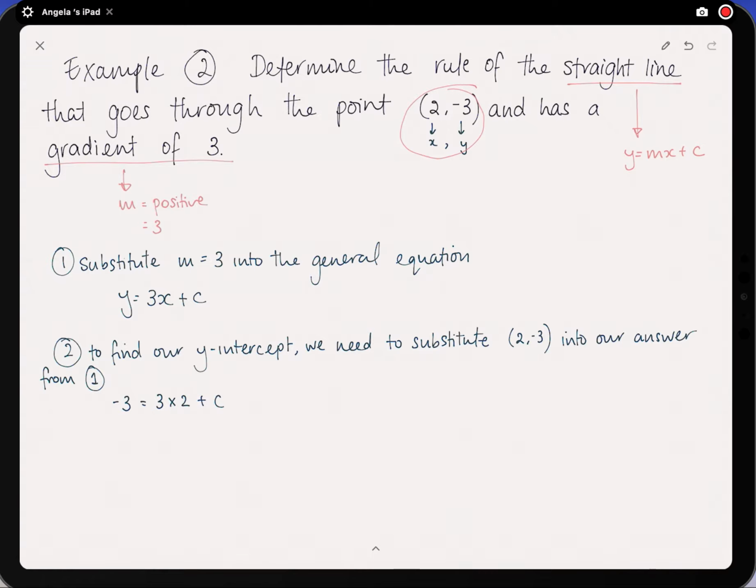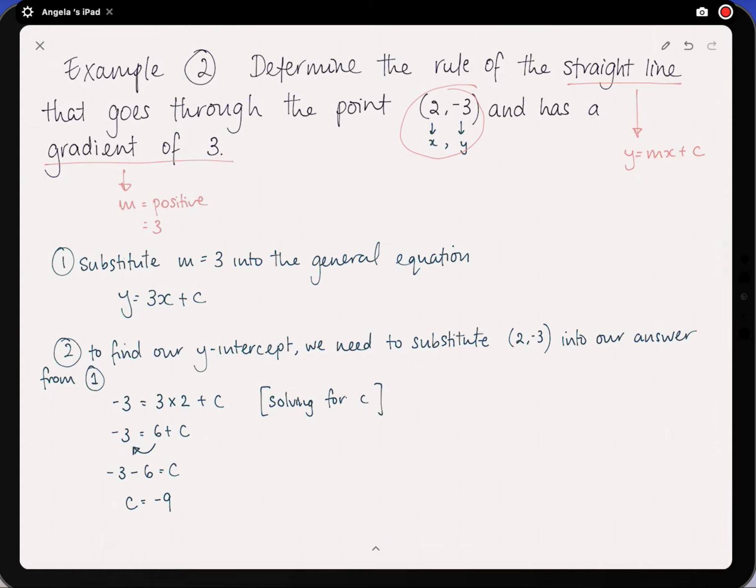So now we're going to solve for c. We're going to have -3 equals 6 plus c. Taking 6 to the other side becomes -3 minus 6 equals c, which gives me c is equal to -9.